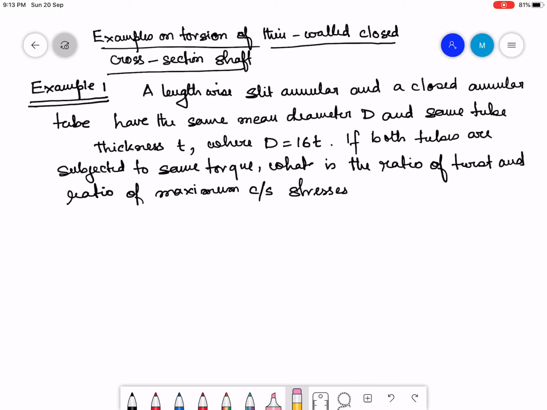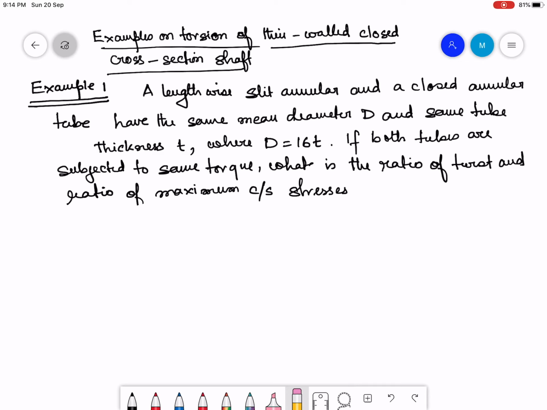Okay, so you have solved the problem for a slit annular tube in the class test. So here the problem is just extended, and we have to compare the torsion behavior of an annular tube with a slit with that of an annular tube without any slit.